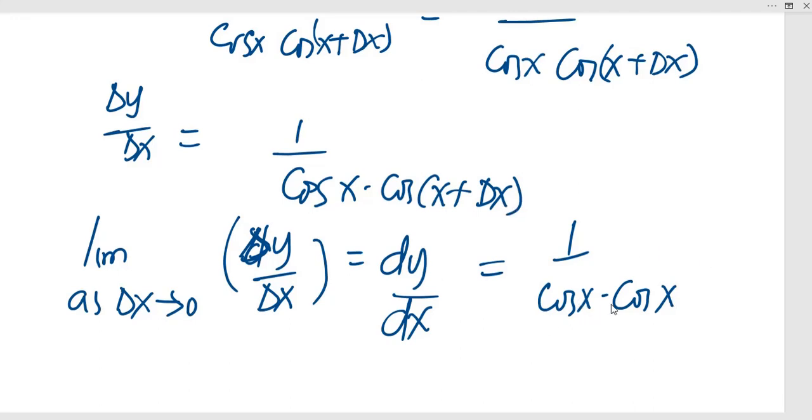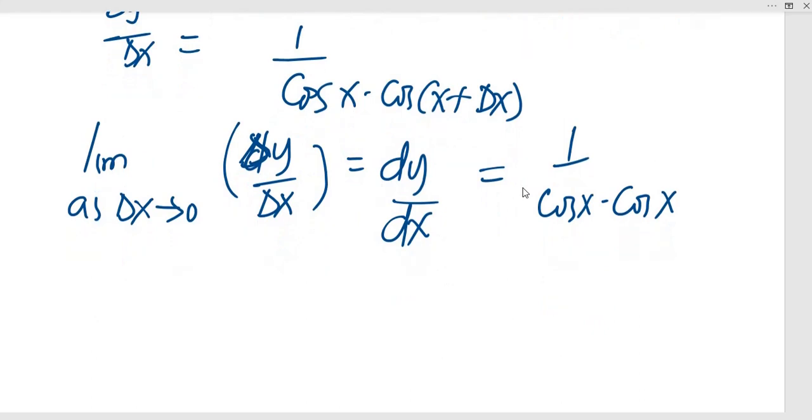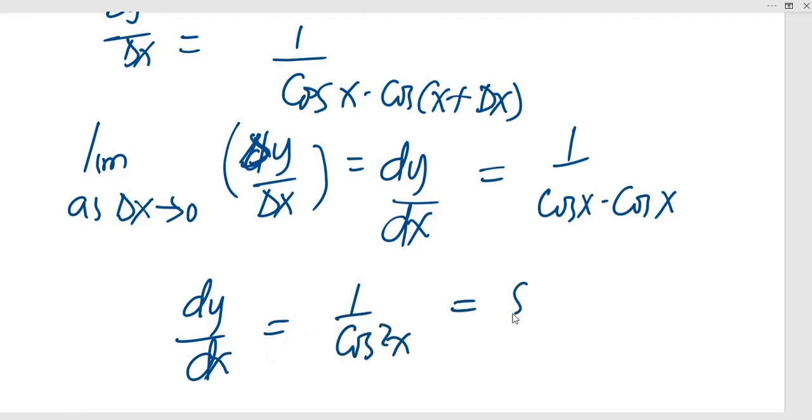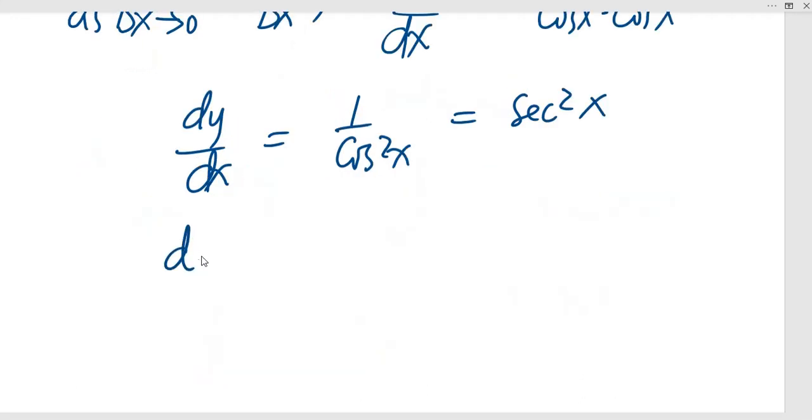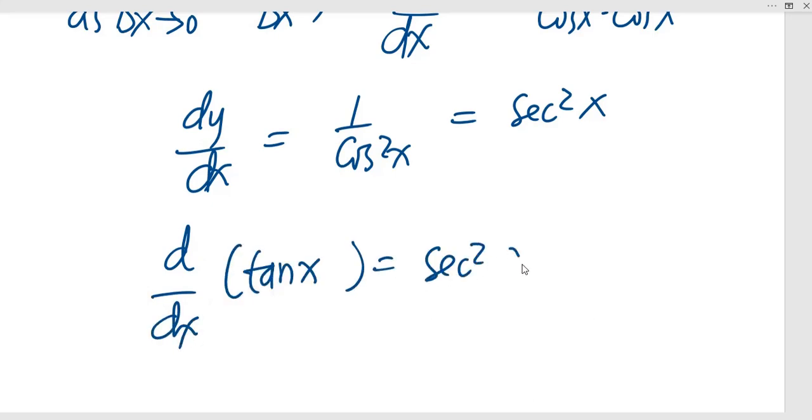So cos of x plus delta x will approximate to cos x. So dy/dx will equal 1 over cos squared x, which is equal to sec squared x. Therefore, what we were asked, that we show d/dx of tan x equals sec squared x. Since the right hand side is equal to the left hand side, then we are right.